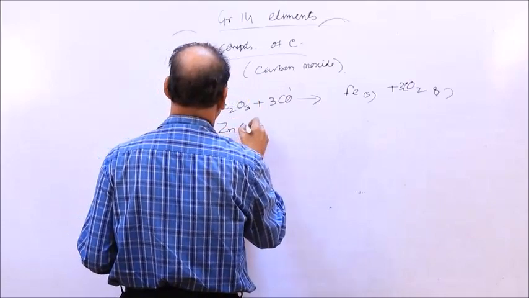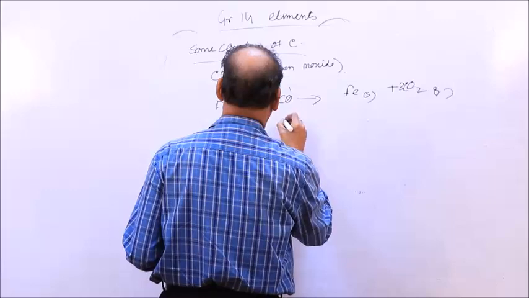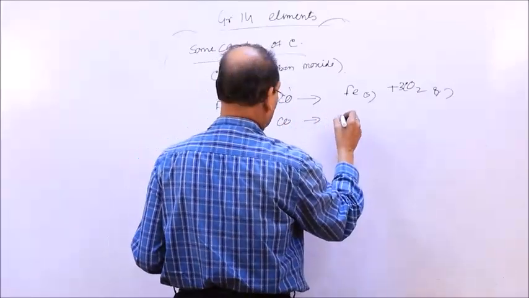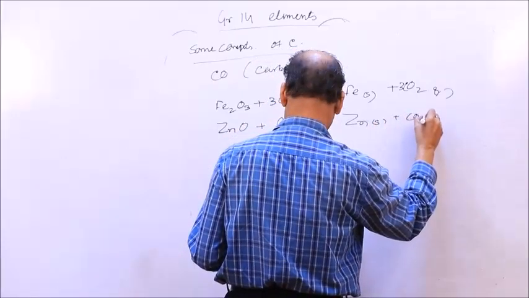Similarly, zinc oxide in the presence of carbon monoxide forms metallic zinc and carbon dioxide.